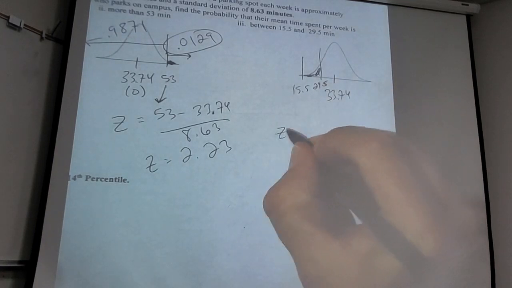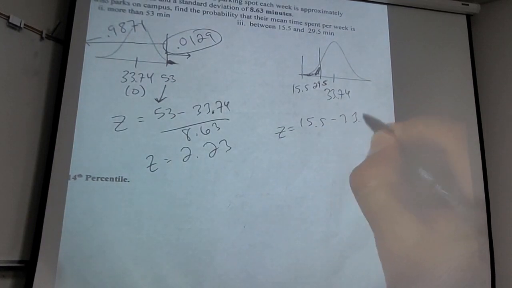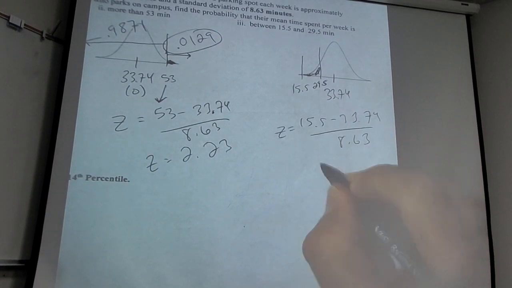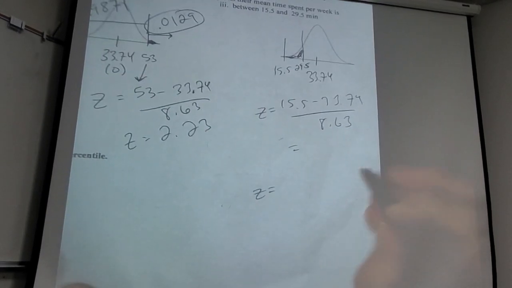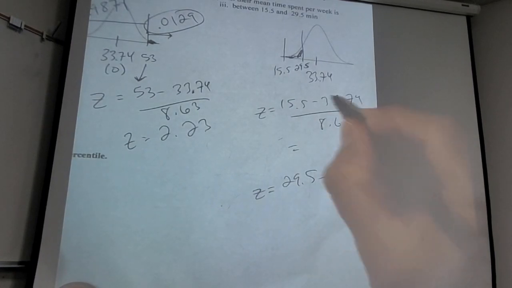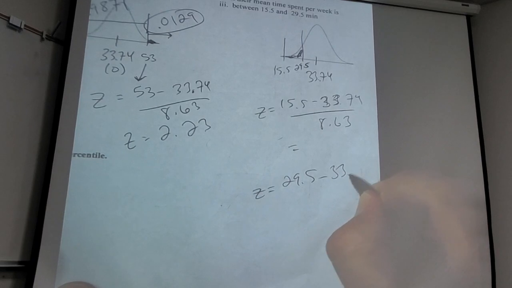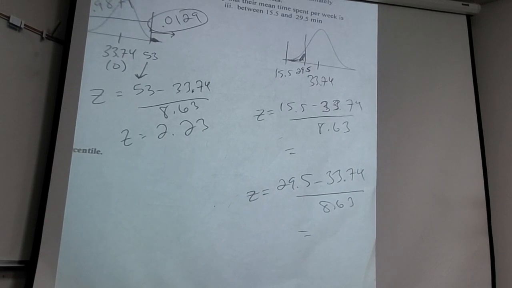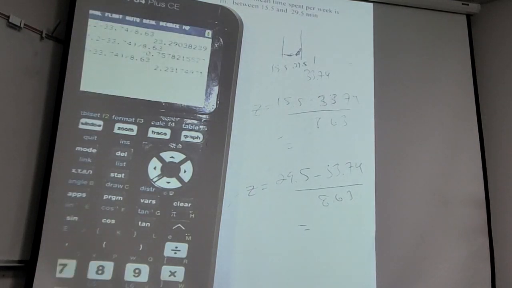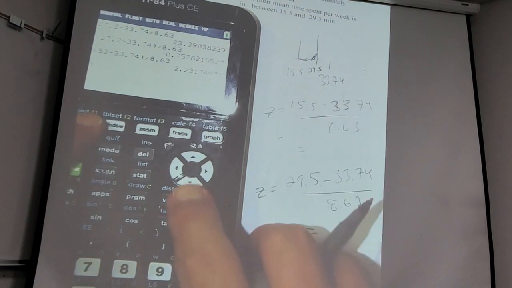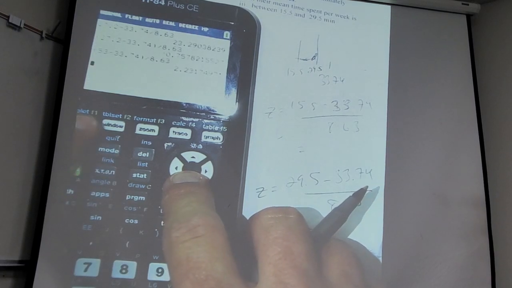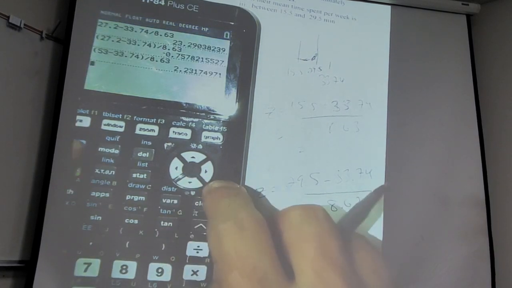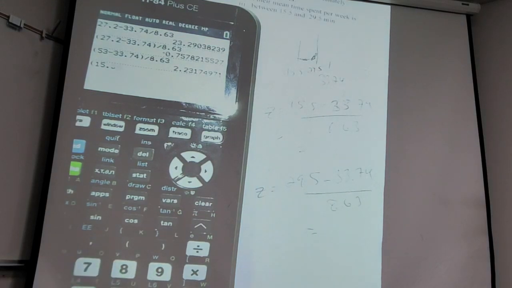Making a z-score is relatively straightforward. Just throw it in the old formula. So I have to do this, and I have to do this. 15.5 minus 33.74 divided by 8.63.